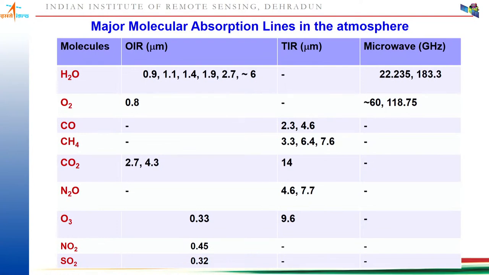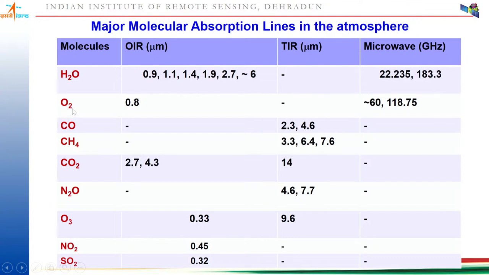In a nutshell, specific atmospheric constituents have absorption bands in different wavelengths, in optical remote sensing, in the thermal infrared and in the microwave. Water vapor is mostly in optical and also in the microwave.